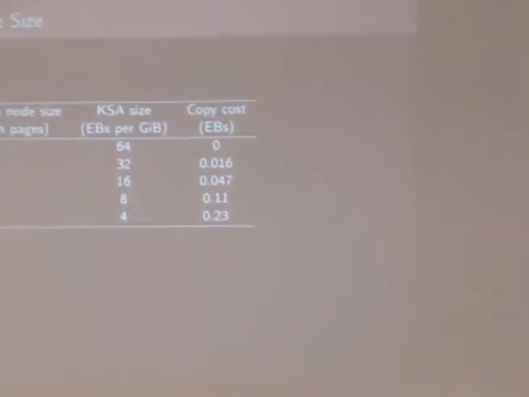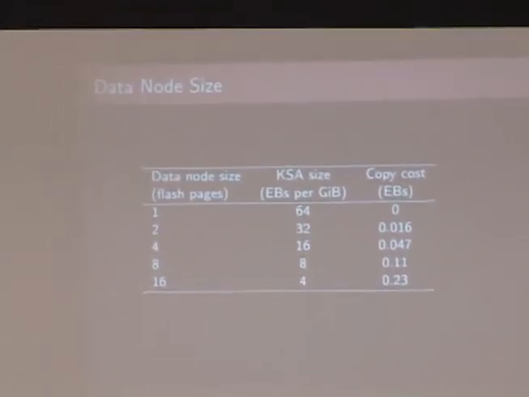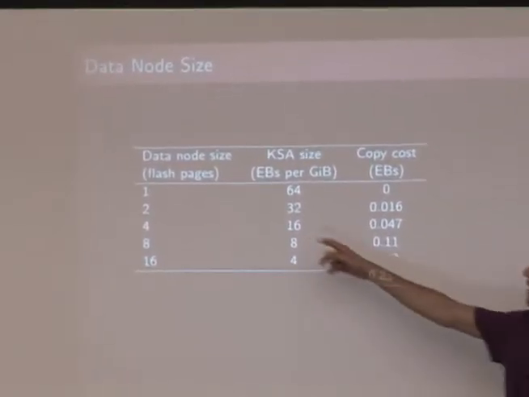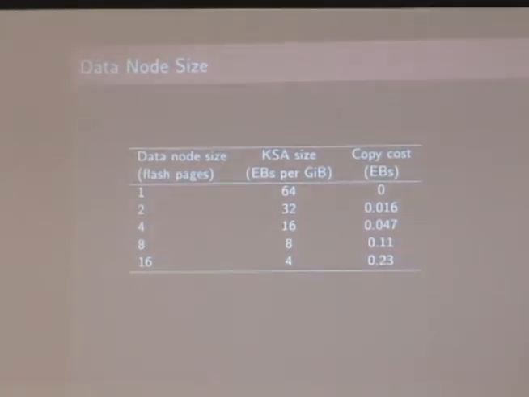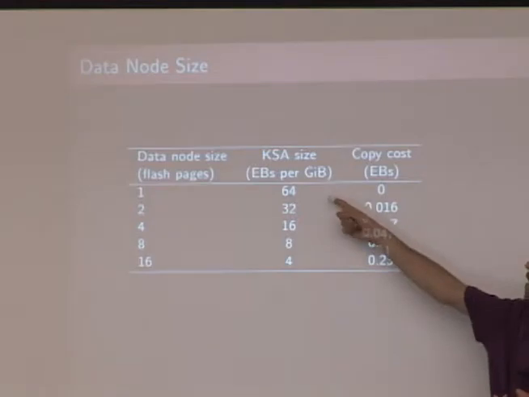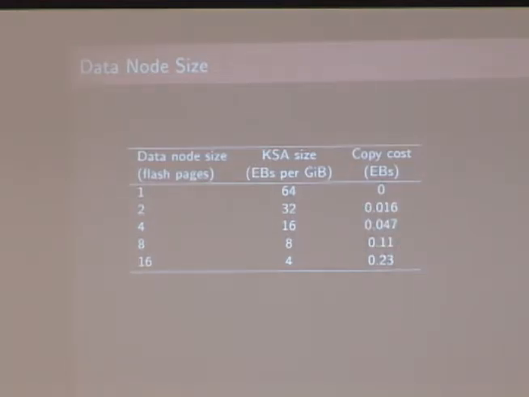In fact, I've expressed the idea of this with this table. Here we have the size of the data node and the number of flash pages that it would consume. And the result is how big the KSA is, which I've measured in erase blocks per gigabyte, assuming some normal flash geometry. So if we have one data node per flash page, then we have 64 erase blocks per gigabyte on our storage media.